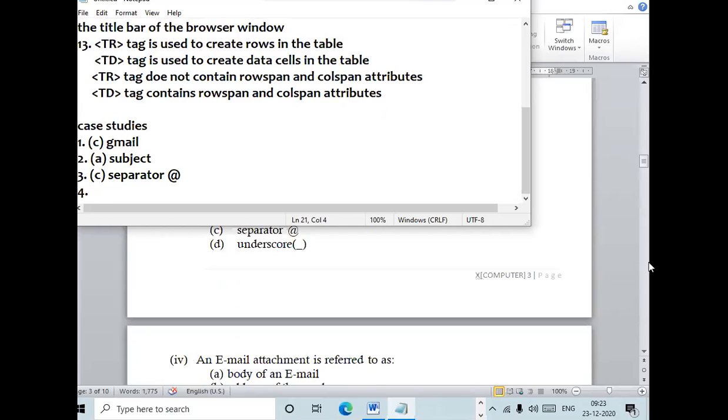Am I clear up till all these 3 MCQs? Urvi, Vriti, am I clear? Aryan, Harnoor, Ashmit, Japish, Gurkirat, am I clear with all the 3 MCQs?